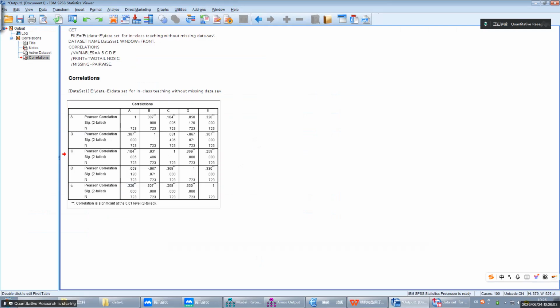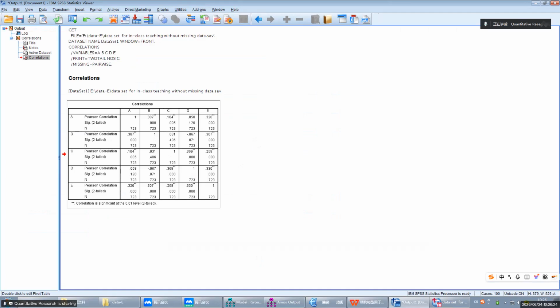Now I say the square root should be larger than the correlations of A with all the other variables, which means the square root should be larger than these correlations. Is that clear? Yeah, that's it.